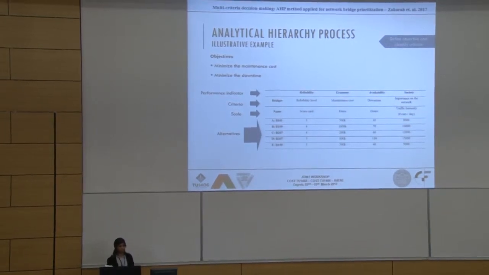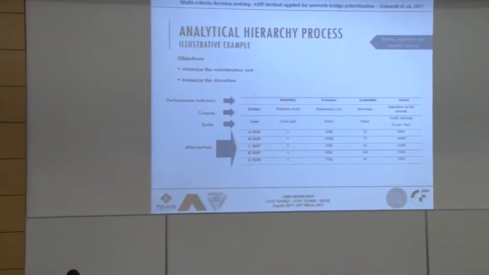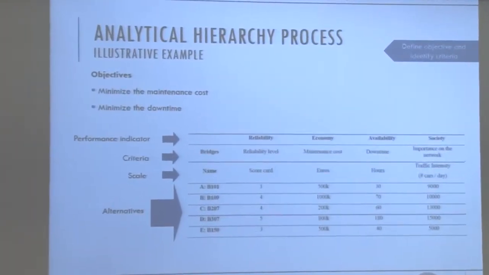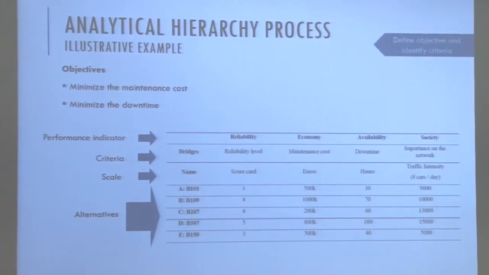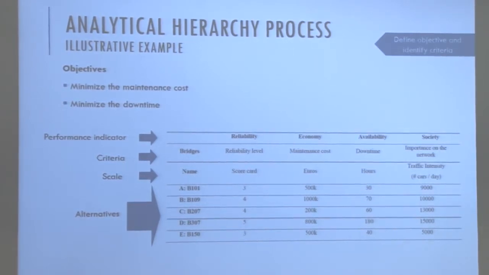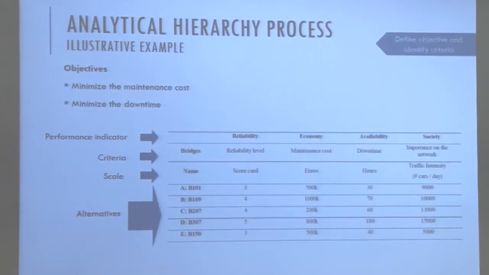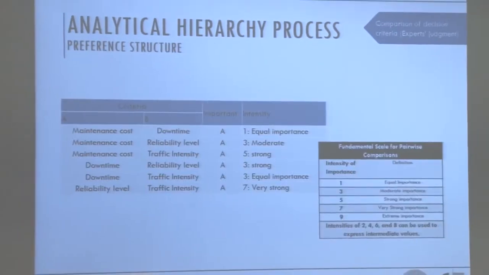The argument could also be that we would apply a reduced speed restriction, but this is just a generic number of hours that we consider. And then the importance of the network, which is measured in the number of cars passing through this particular bridge per day. All of these values are considered for these 5 bridges.